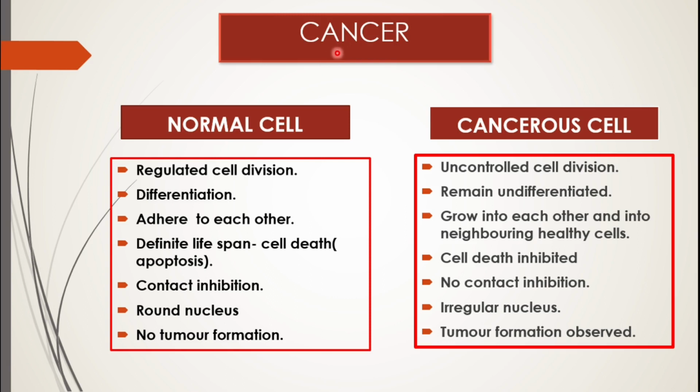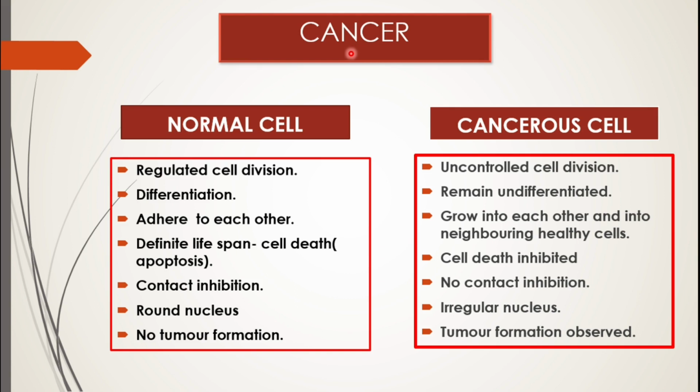We pass on to another part of the lesson, which is cancer. Now, I'm sure all of you have heard about cancer, the different types of cancer. You may have heard about carcinoma, which is the cancer caused in organs developing from the epithelial tissues.